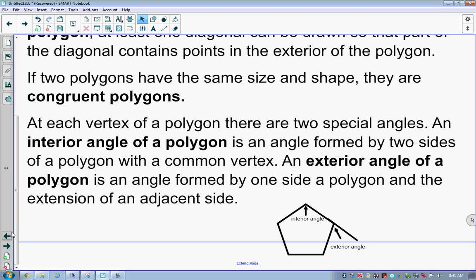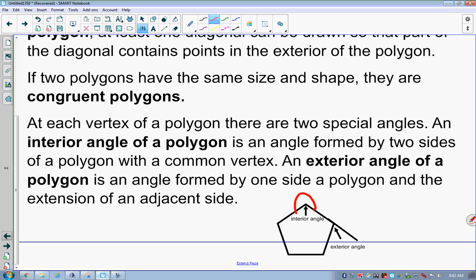But we're talking about interior and exterior angles of polygons. An interior angle, this is an easy one. It's inside the polygon, right? We've got a closed geometric figure. Any angle that occurs inside of it is considered to be an interior angle. But then we have exterior. And an exterior angle is not this angle right here.